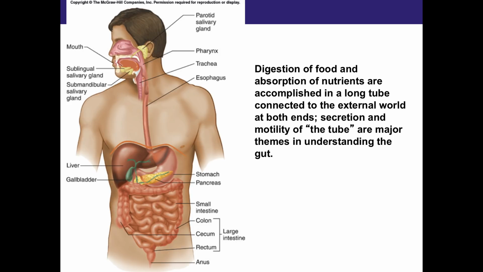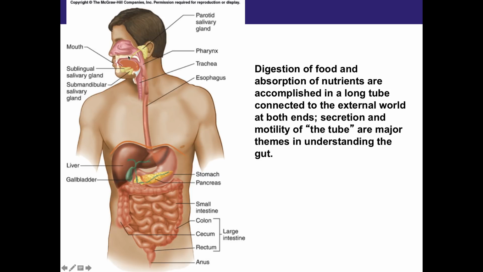Alimentary canal. And we're going to go through all of these different parts. We're going to start with the upper GI tract, talking about the different salivary glands. The ones that we really are going to focus in on are parotid, sublingual, and submandibular.